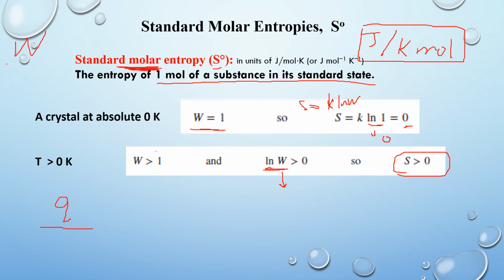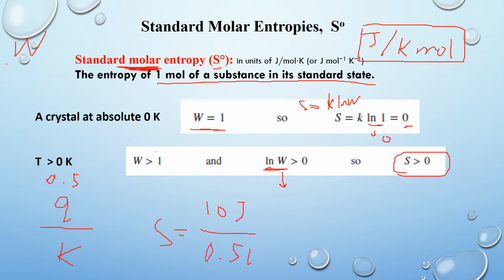For example, I increase by 0.5 Kelvin, and that took say 10 joule. So the S at 0.5 Kelvin, because I increased from 0 to 0.5 Kelvin, is equal to 10 joule divided by 0.5 Kelvin.